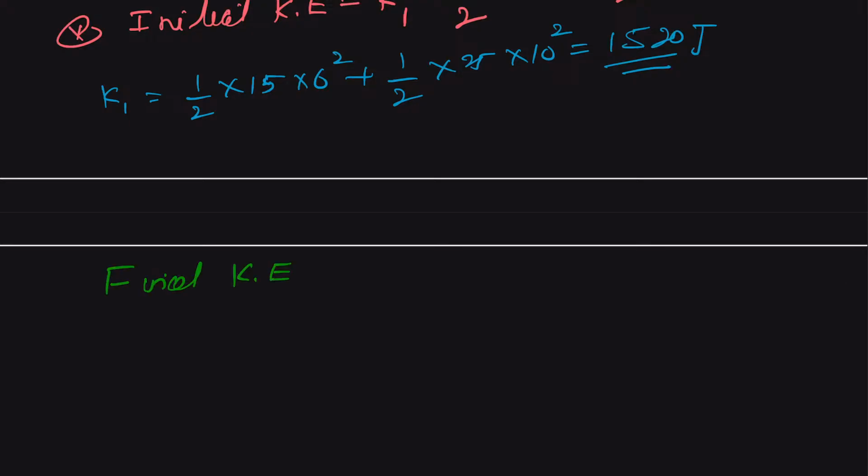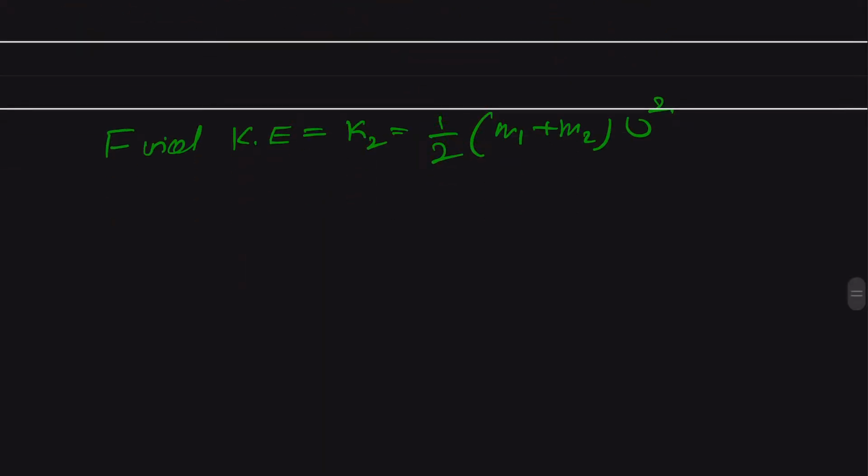Let us suppose that's K2, that will be equal to half M1 plus M2 times V squared, and we get half times 40 times 4 squared, which comes as 320 joules. And the heat will be the conversion, because kinetic energy lost will be equal to the heat generated.